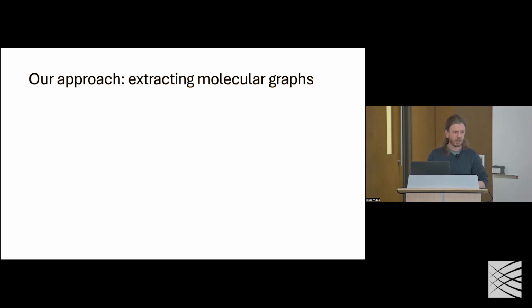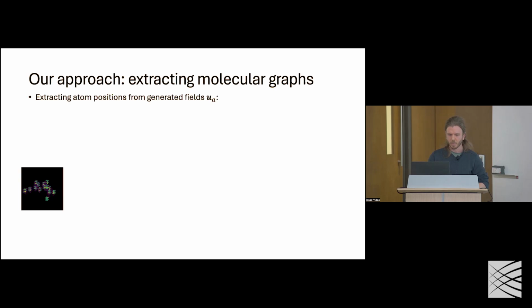After we have generated the fields themselves, of course, we just have some values in the three-dimensional space. We would like to actually retrieve the molecular graphs from those fields.